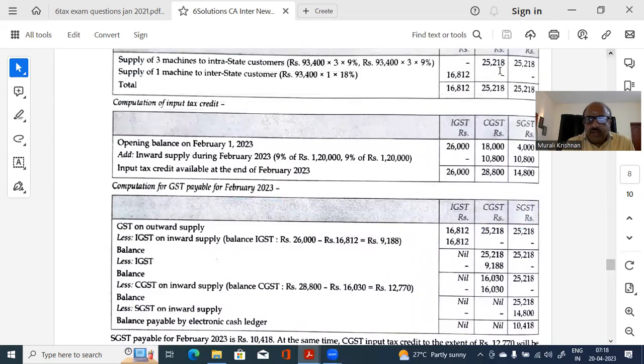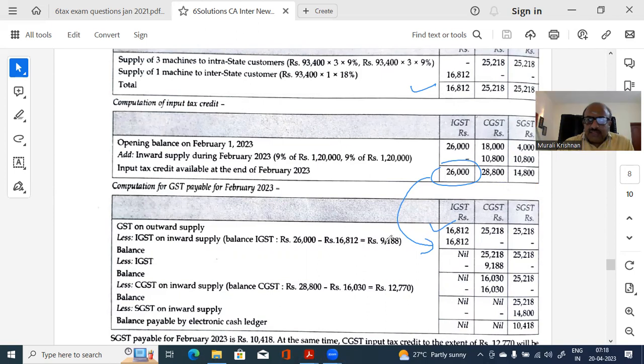Yeah, this is the input. Sorry, this is the output. So this is the output we have written here. Now input I have got 26,000 here. Out of the 26,000, first I am going to utilize towards IGST output.